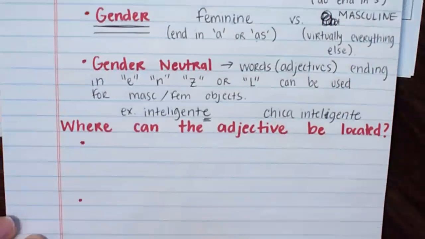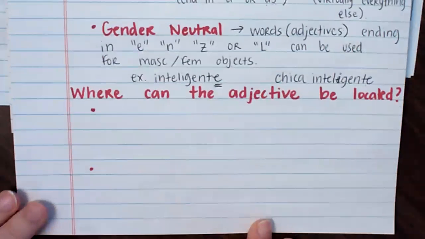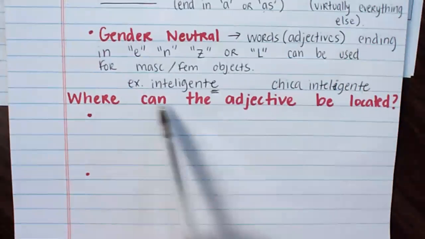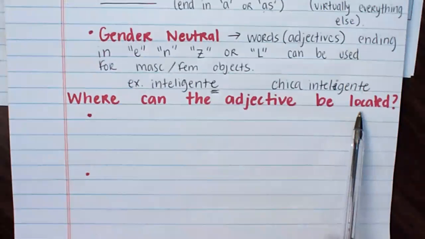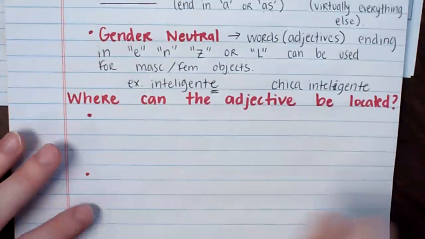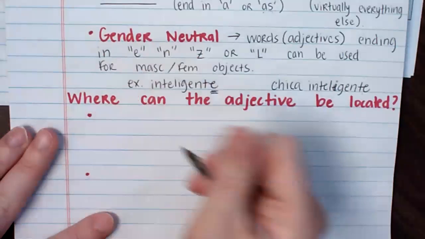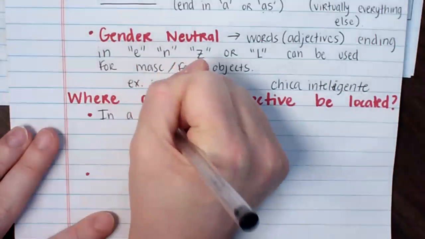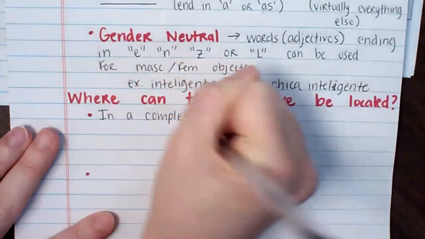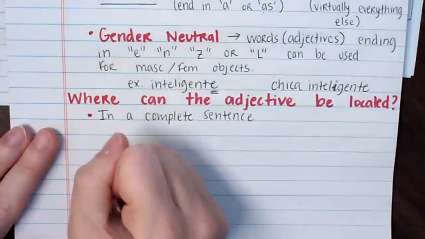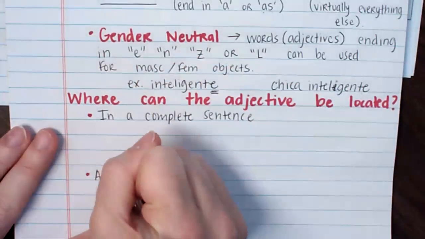And then the final thing that we are going to cover before we do a few examples, where can the adjective be located in the sentence? So there are two ways to do this. In a complete sentence, and then just a brief description.